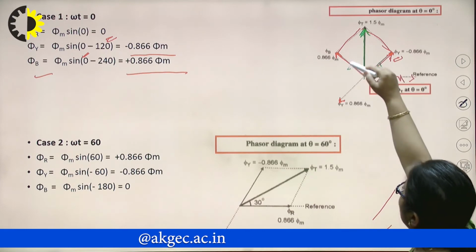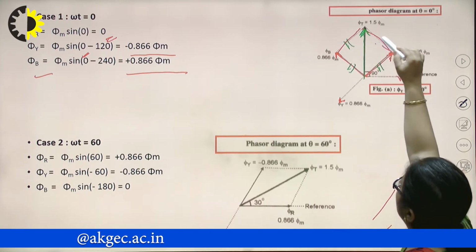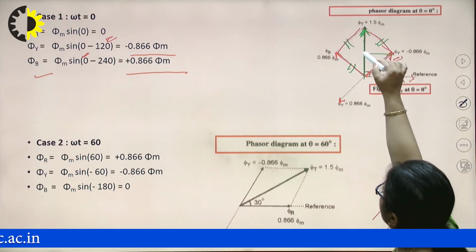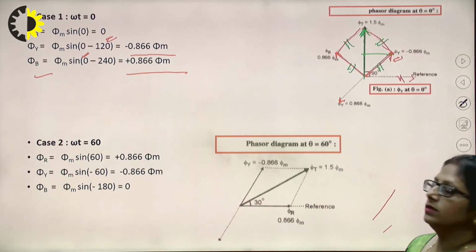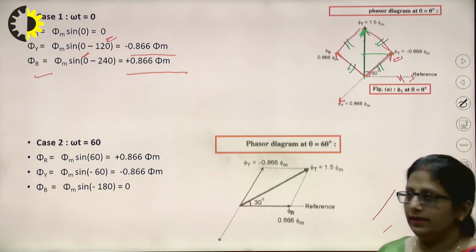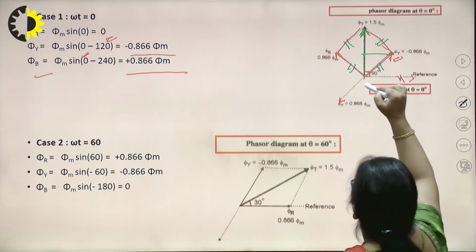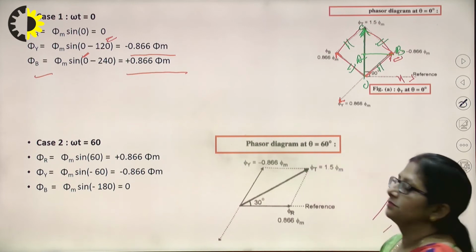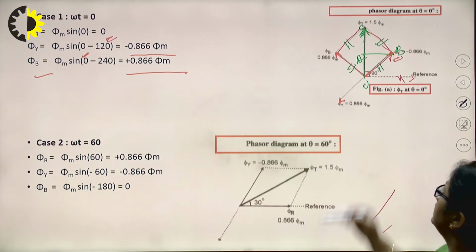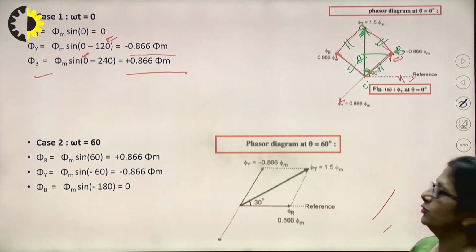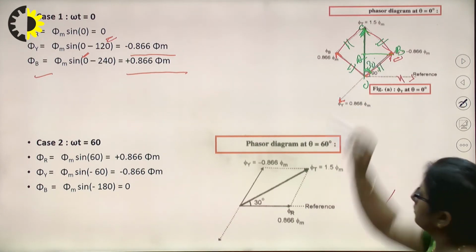You know that this is a balanced supply system, so all of the four are going to be the same. If I drop a perpendicular from here to this resultant, it is going to lie exactly at the center, right? Say this is O, A, B and C. Obviously, this angle AOB is going to be 30 degrees.